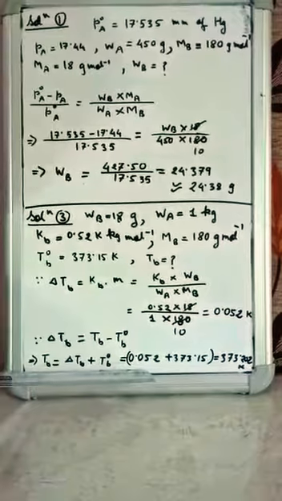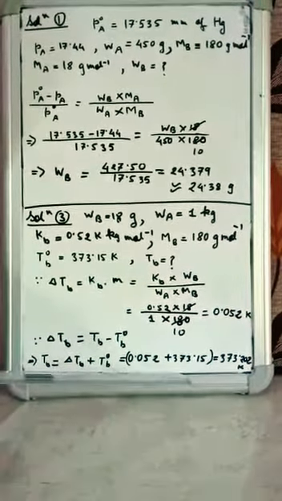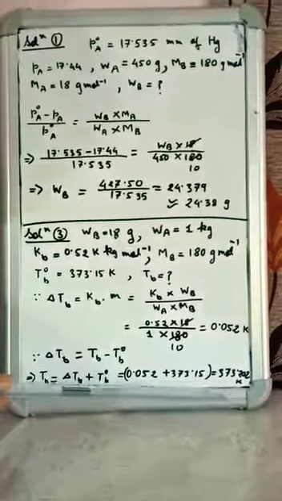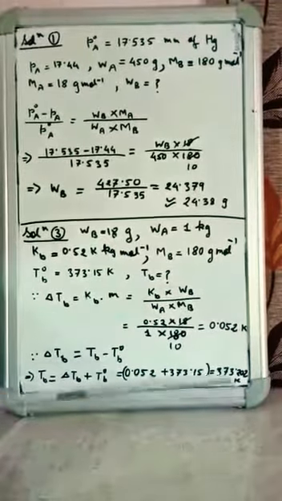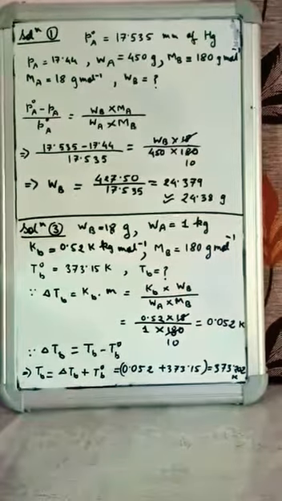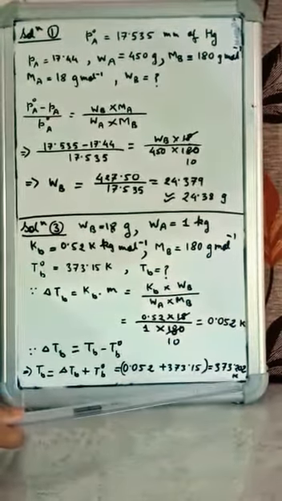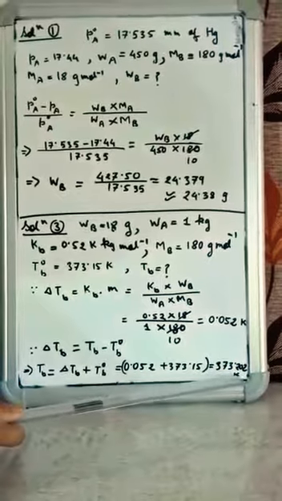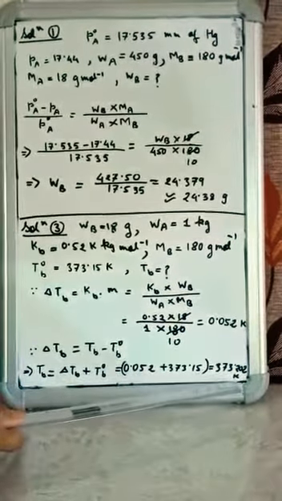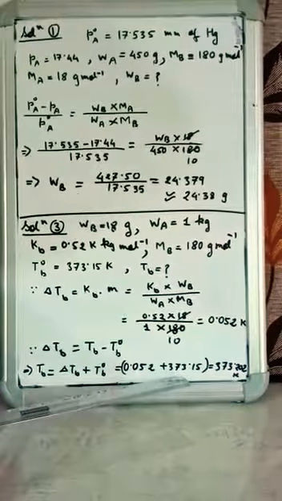This value we have calculated just now, and this value is given to you, so we can easily find out the boiling point of the solution. And you see the boiling point of the solution that we got is 373.202 Kelvin. I repeat, 373.202 Kelvin. This is for the solution, and this is for the pure solvent.